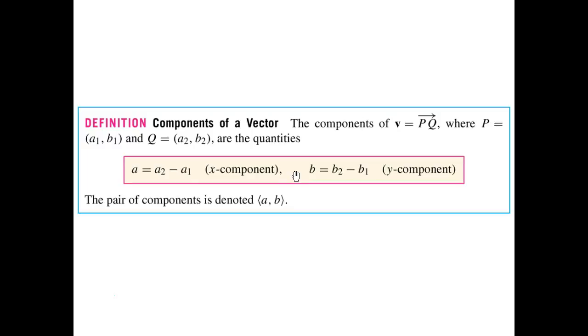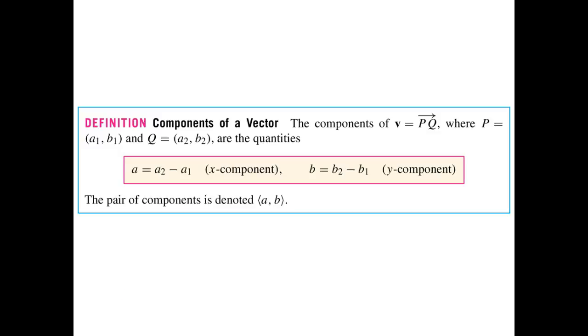Components of a vector. The components of the vector V, if you remember that first one that we had that went from 2, 2 to 5, 3, no, 7, whatever that one was, okay? If you remember that one, what you wound up giving me were the components of the vector. If P, the initial point, is A1, B1, and Q, the terminal point, is A2, B2, then the components of this vector are A2 minus A1, comma, B2 minus B1.